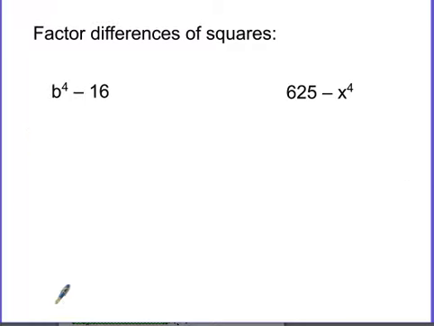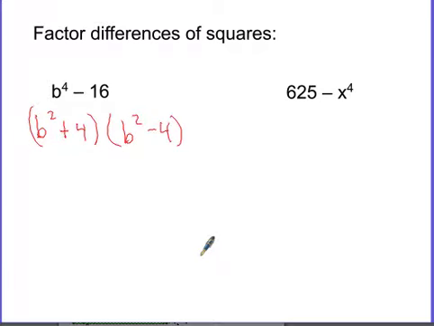All right, we can still do a difference of squares here. What is the square root of b to the 4th? b squared. So we'd have b squared plus 4 and b squared minus 4. Are we done?